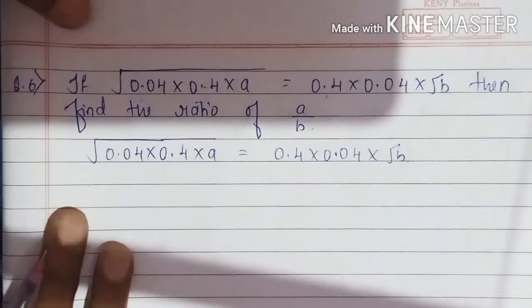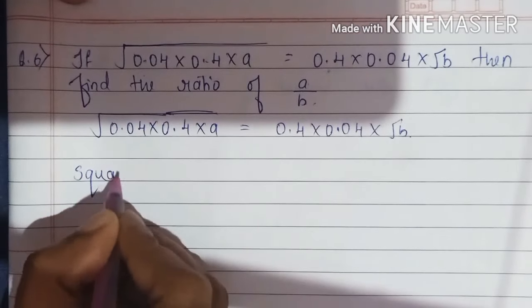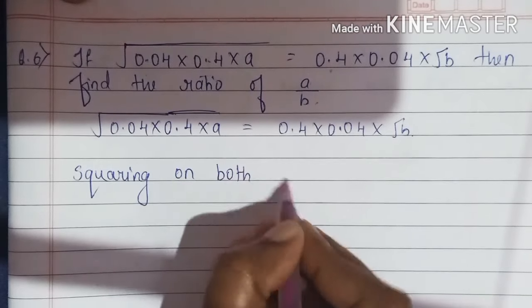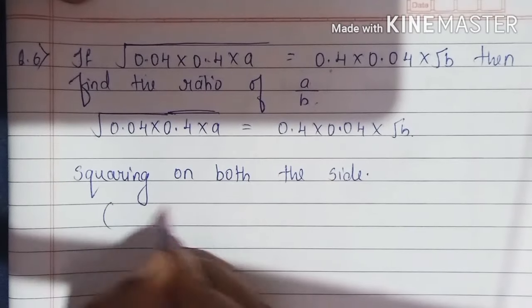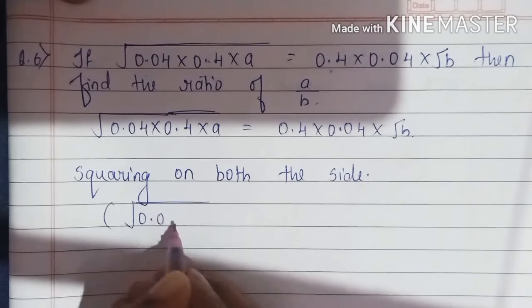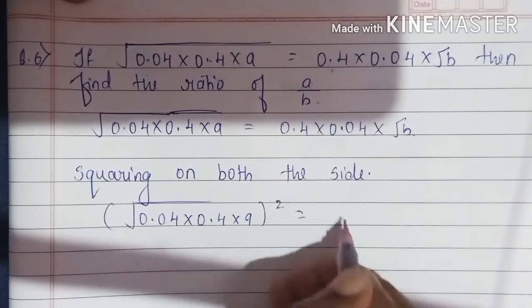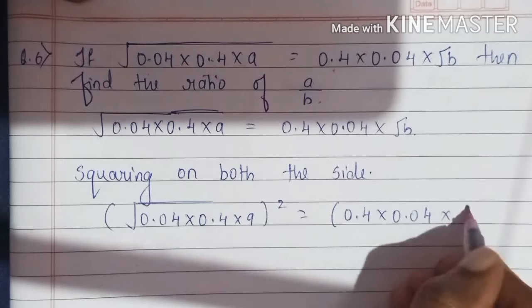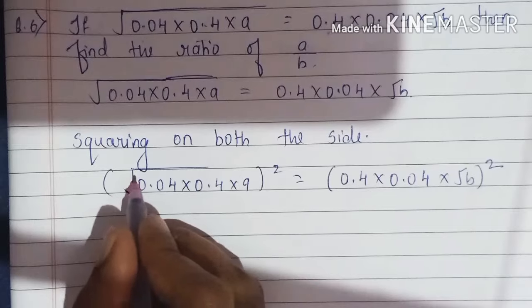Okay, now we will take a square on both the sides. So we will do squaring on both the sides, a square on the left hand side and also on the right hand side. Now we have done squaring. Here the square and the root will get cancelled.